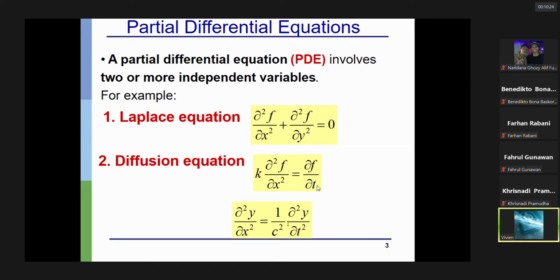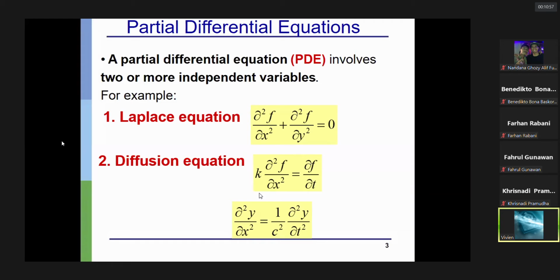Here we have two independent variables, x and t. x is in the spatial direction, while t is usually time. We have the unsteady term, del f over del t, and the spatial discretization in the x direction.